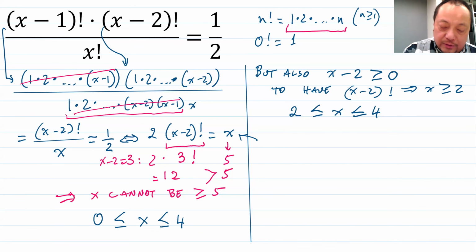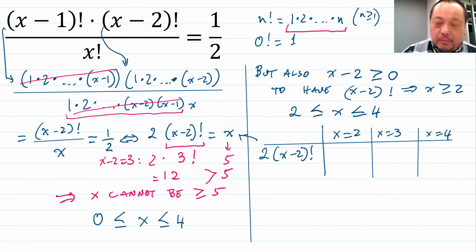So I'm going to check this: 2 times x minus 2 factorial. I'm going to check for x equals 2, 3, and 4. When x equals 2, this is 2 times 0 factorial, which is 2 times 1, and that is equal to 2. That is equal to x, so I'm good.